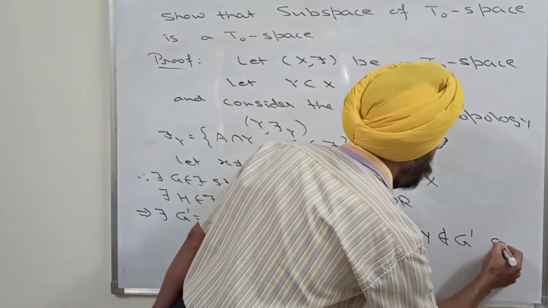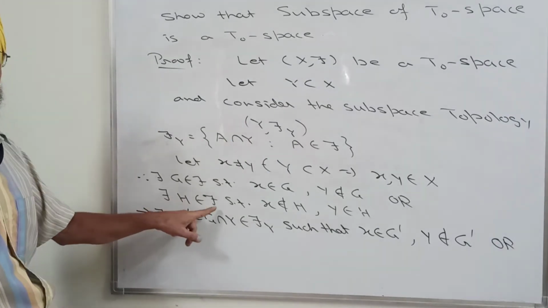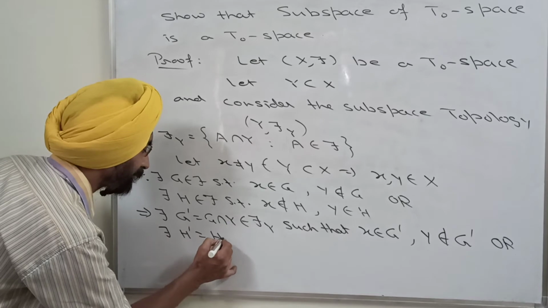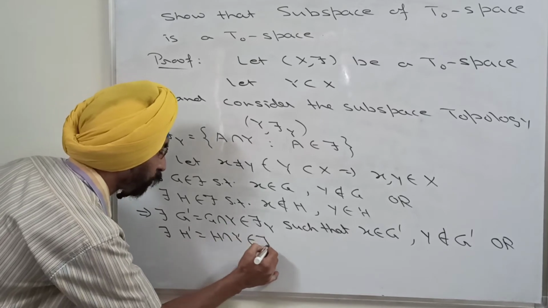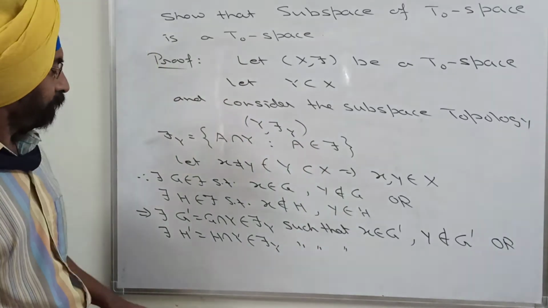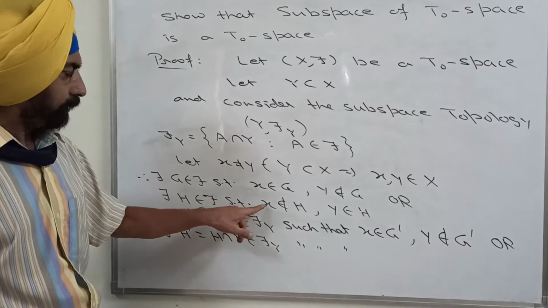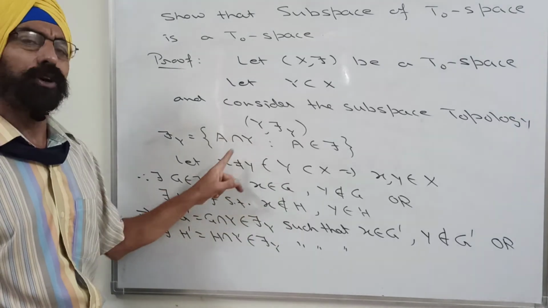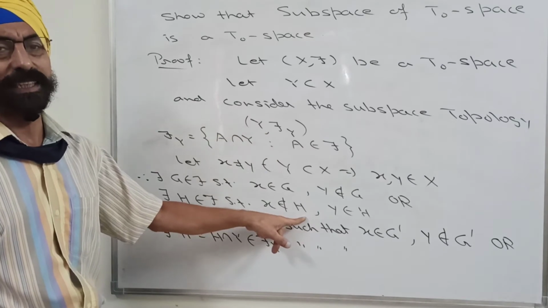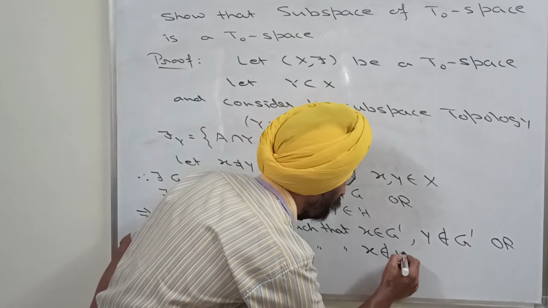Or, on the other side, this H is in tau, so you can say H dash equal to H intersection Y is in tau Y, such that, once again the same thing, your X is not in H. Now it is in Y, but since it is not in H, it cannot be in H intersection Y. So that means your X cannot be a member of H dash.